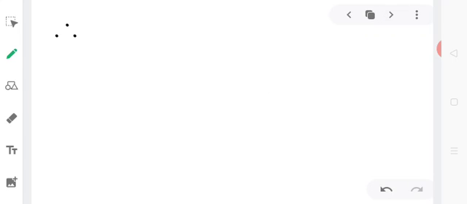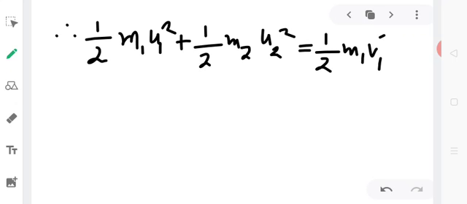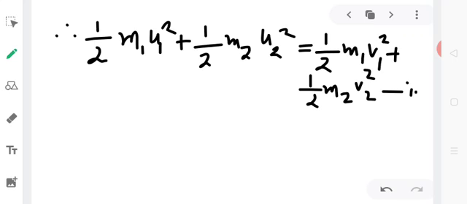Therefore, we can write half m1 u1 square plus half m2 u2 square equal to half m1 v1 square plus half m2 v2 square. Let's mark it as equation 1.